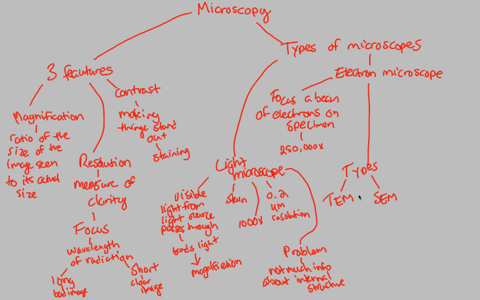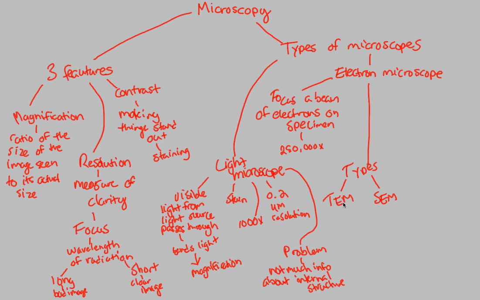Only thing you really want to know about these is that a transmission electron microscope involves putting the specimen in plastic slides, and a scanning electron microscope involves putting a layer of gold film on the specimen, and that gold film will allow electrons to pass through. Same thing with the transmission, but instead we are passing through a plastic film.